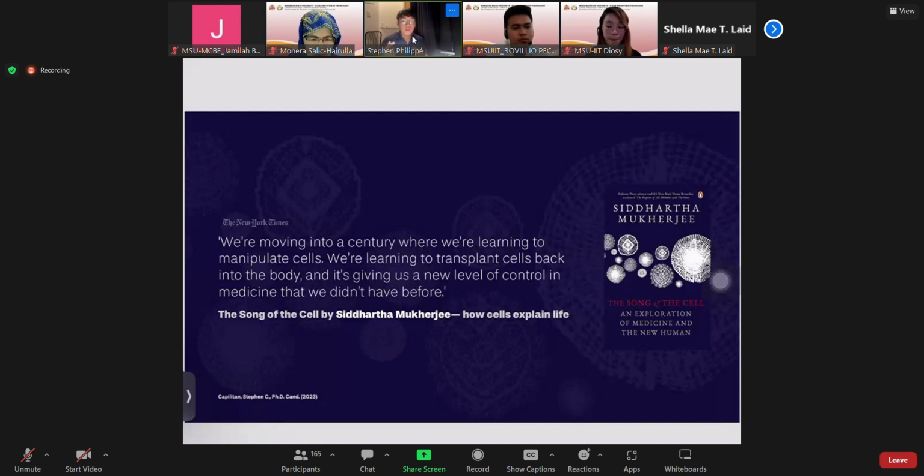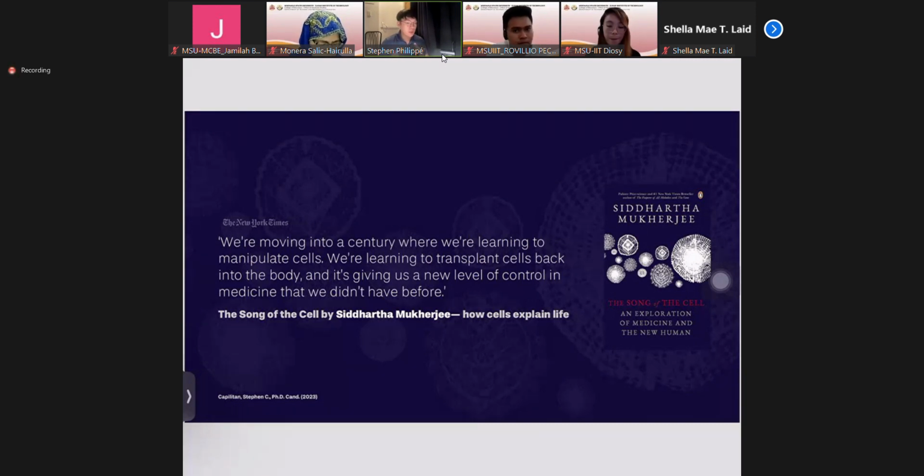In this book, a layman's version of what cell biology is, the cells in medicine, it gives us the idea where we can merge our learnings in cell biology and medicine and vice versa, because that's what our students lack: the meaning-making process.